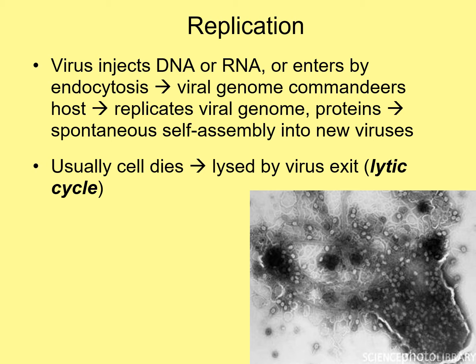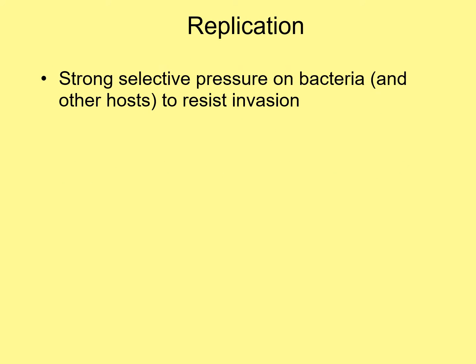Viruses that perform this particular type of process are the most destructive, as you can imagine. The cells are destroyed in the process of viral replication. So you can imagine that there's tremendous selective pressure on bacteria and on eukaryotes to resist invasion by these types of viruses that are going to destroy the host cell.